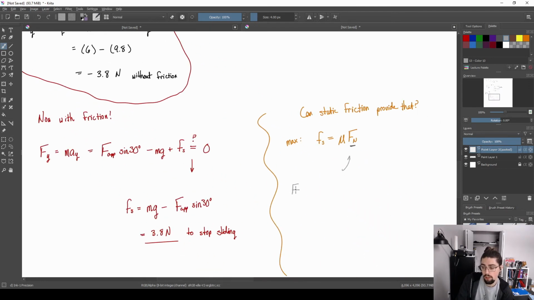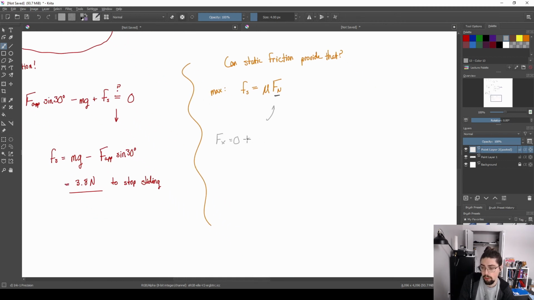F of x better be 0. If F of x is supposed to be 0, there is a normal force pushing out, and there is the x component of the applied force pushing in. That means the normal force must be equal to the F applied cosine of 30.